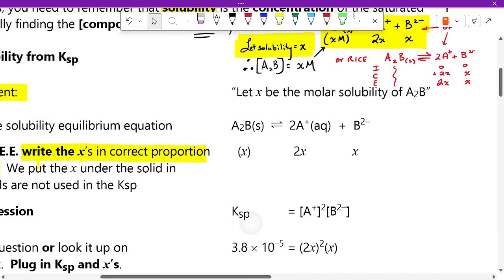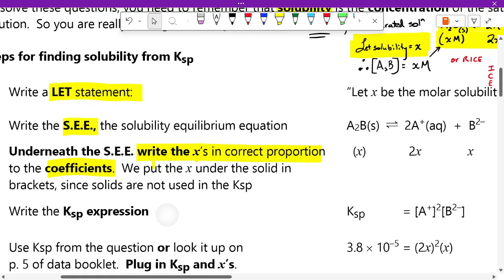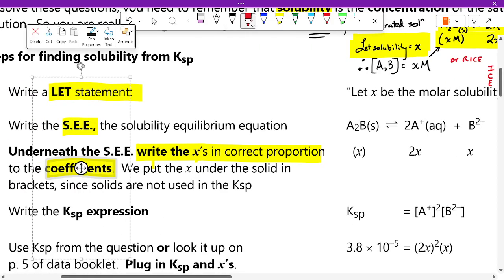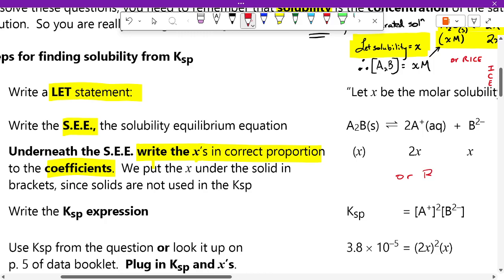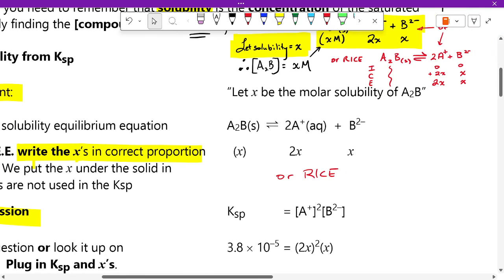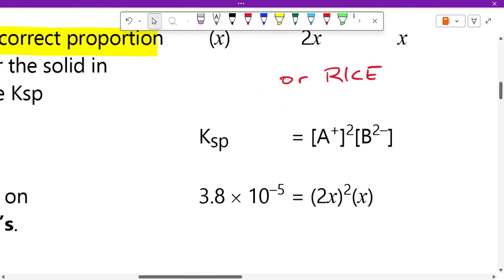We've got x, 2x, and x. Or you can use the rice table. And then, guess what you need? After the C, you need a KSP, because you're finding KSP, right? Or you're given KSP. So you write your KSP expression, and then you plug in the value either from the question or from the data booklet.